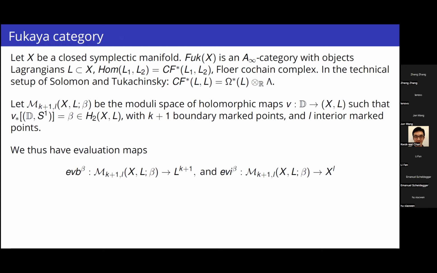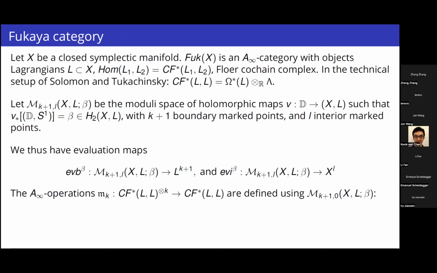Again, you take care of all the degrees. You require that these disks have k+1 boundary marked points and some interior marked points. Then you can look at evaluation maps. If you have a disk with k+1 boundary marked points, you get k+1 evaluation maps to the Lagrangian. Similarly, if you have l interior marked points, you get the interior evaluation maps ev_i, which evaluate to a point in X.